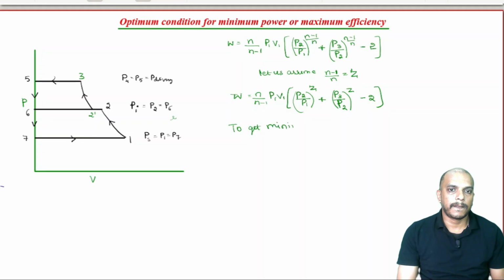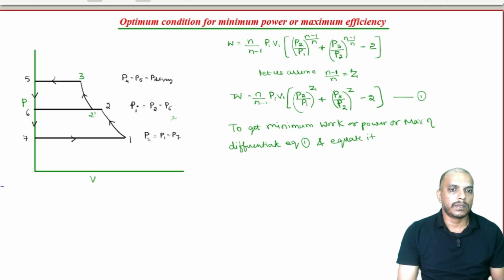Now, in order to get minimum work or power, or we can say maximum efficiency, we have to differentiate. Call this equation 1, and we must equate the derivative to 0.